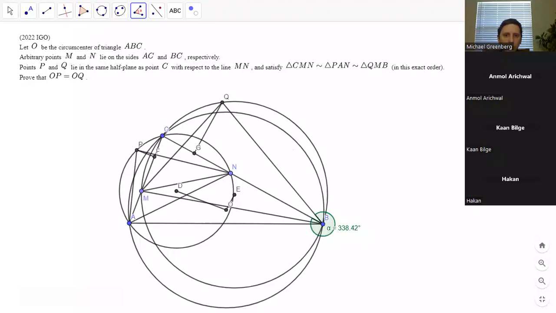I don't know. No. That would have made things easier. Yeah, I want to calculate PF over QG. So PF is PA.